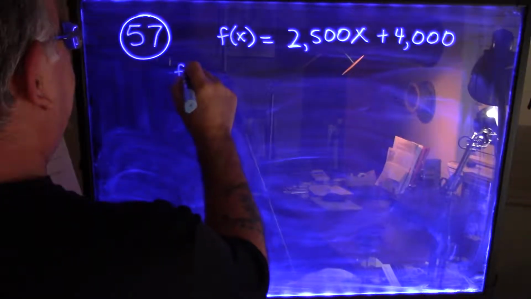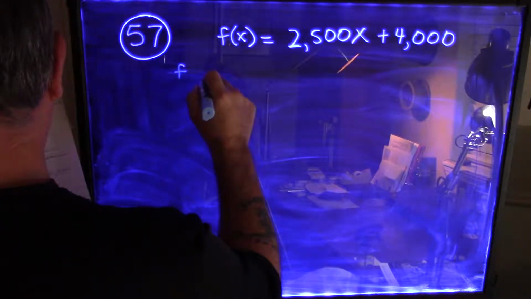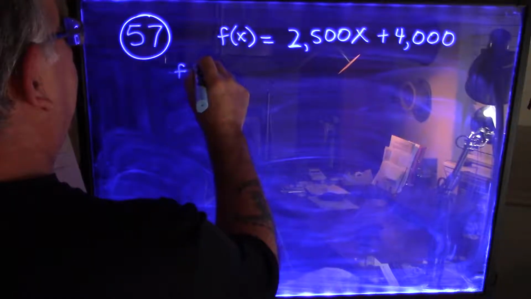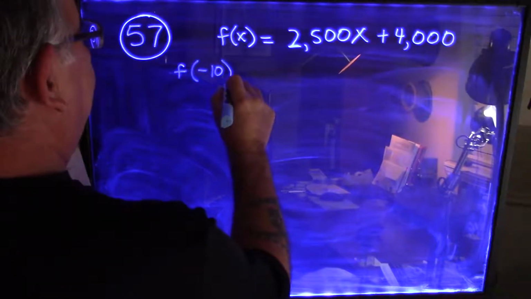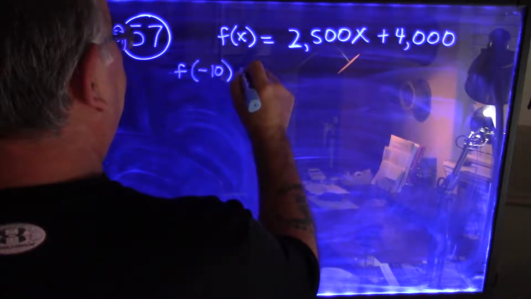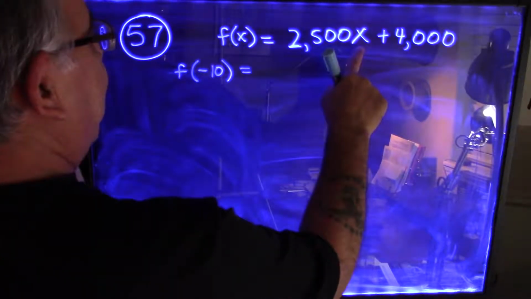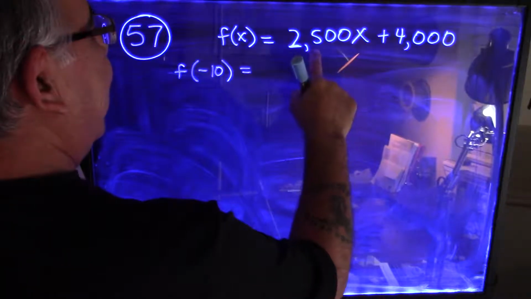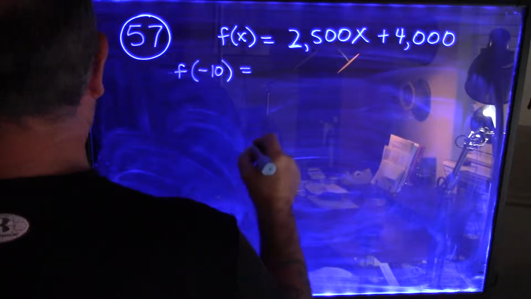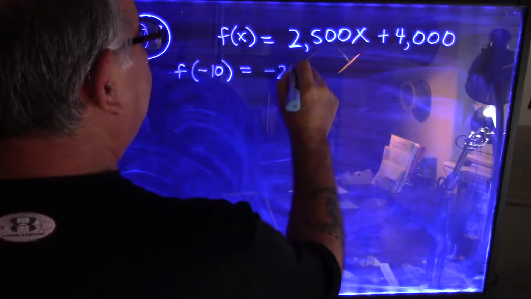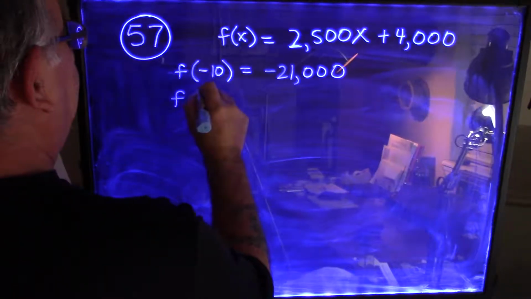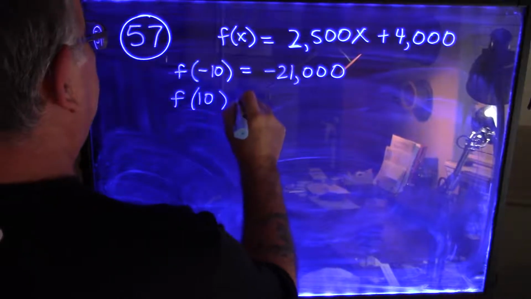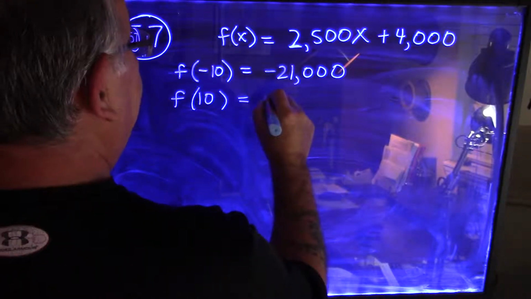All right, so since it is a straight line, we got f of negative 10 and then f of 10 next. All right, well, f of negative 10, plug negative 10 in there, multiply, and then add. All right, you get negative 21,000. And then take f of 10, you'll get 29,000.